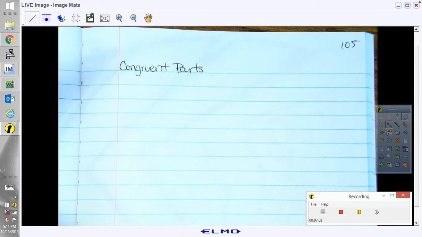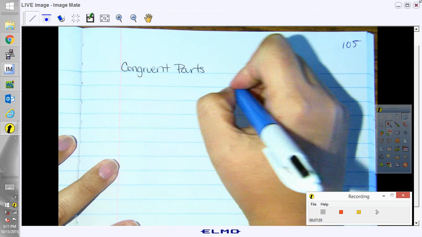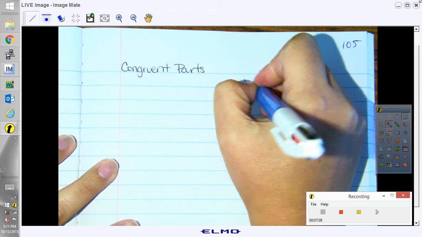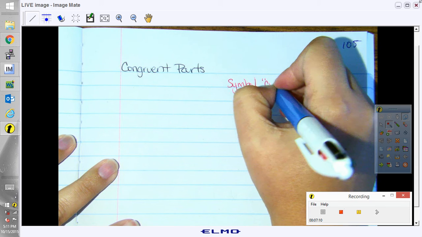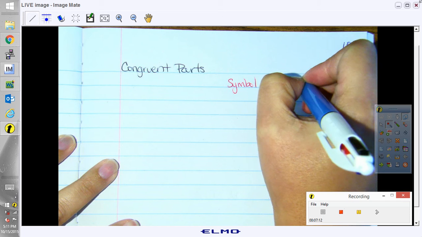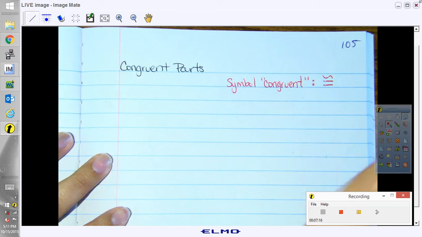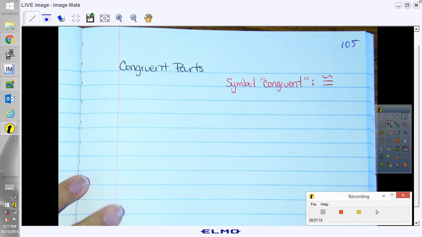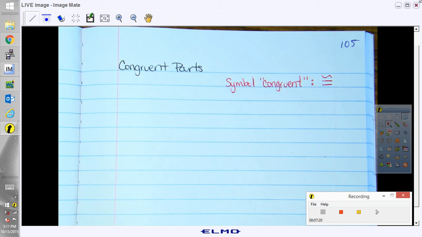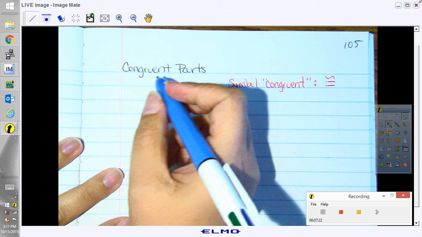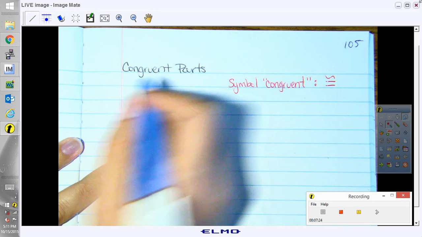So I just want to remind you that the symbol for the word congruent is just the equal sign with a squiggly on top. So that's the congruent symbol. What we're going to talk about is what marks are used on triangles to indicate congruent parts.